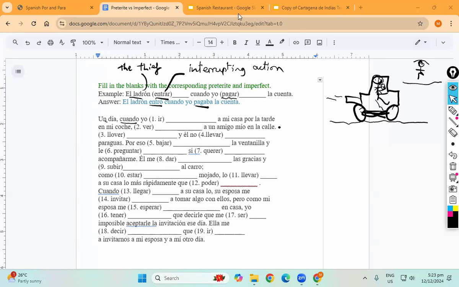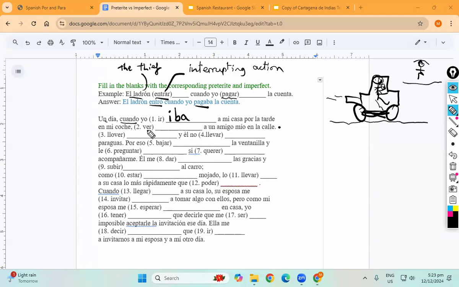Or which one is completed? Is the drive home going on for a while, or is he seeing his friend in the street going on for a while? The drive home is going on for a while, right? So this one imperfect, iba a mi casa por la tarde en mi coche.